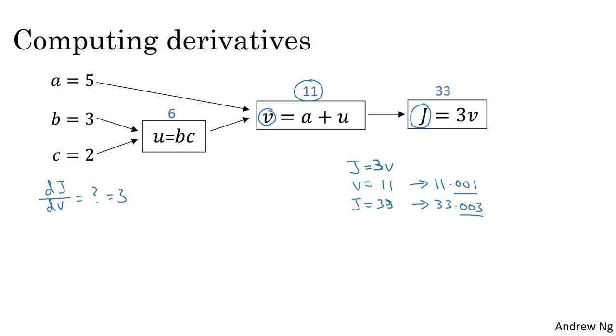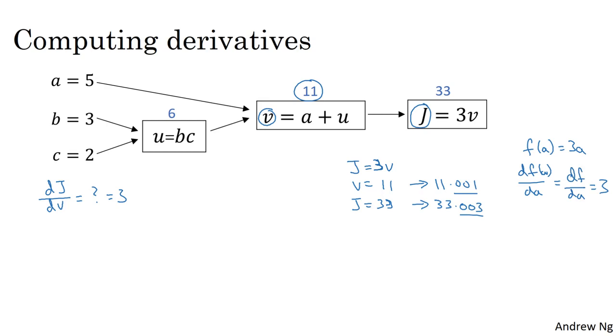And in fact, this is very analogous to the example we had in the previous video, where we had f of a equals 3a, and so we then derived that df dA, which with slightly sloppy notation, you can write as df dA, was equal to 3, right?